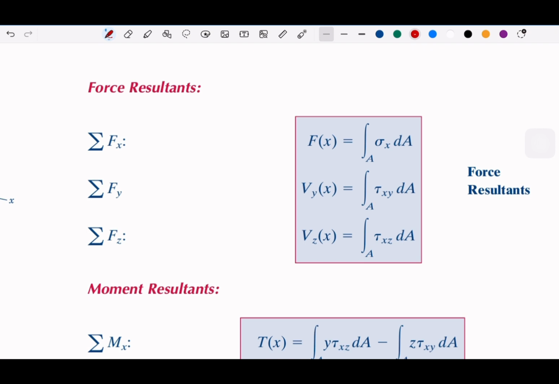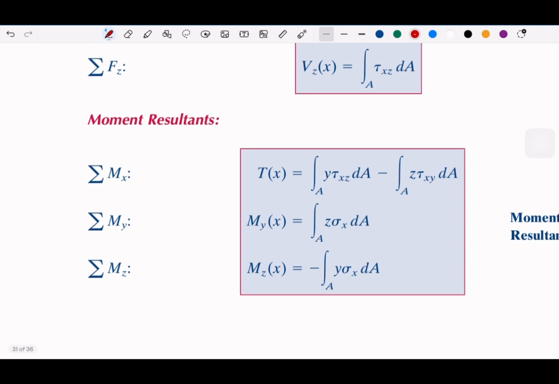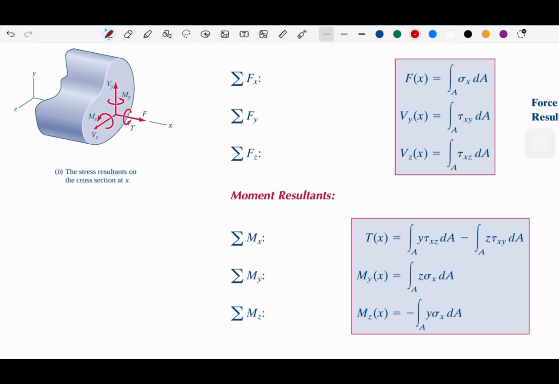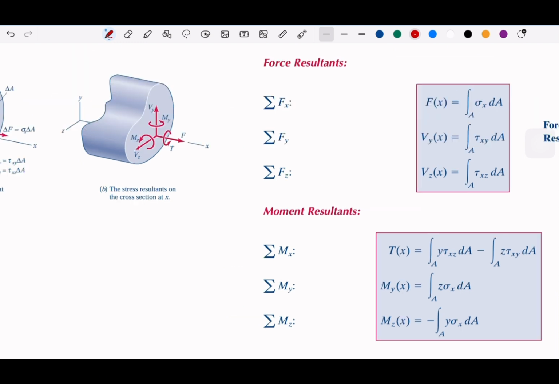And for the moment, the difference on the moment here will be the torque. Okay. Now the torque we have is y tau xz minus z tau xy. This will be a twisting moment for the sigma Mx. Okay. So if we could see from the case here that suppose that we have the y and we have the tau xz, which is going to be here.